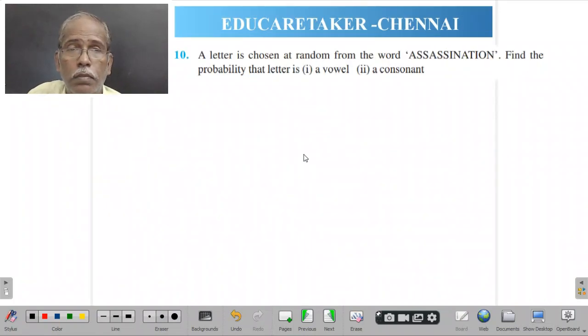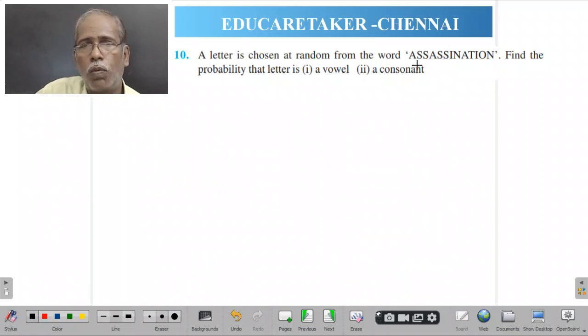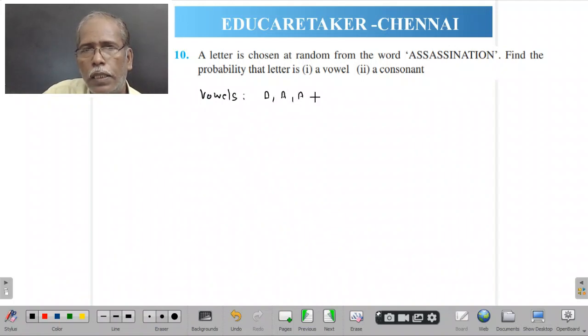Dear student, if you look at question number 10: a letter is chosen at random from the word assassination. Find the probability that the letter is a vowel, as one letter is selected, or a consonant. So what are the vowels we have to separate? A, one more A, then one more A. There are 3.